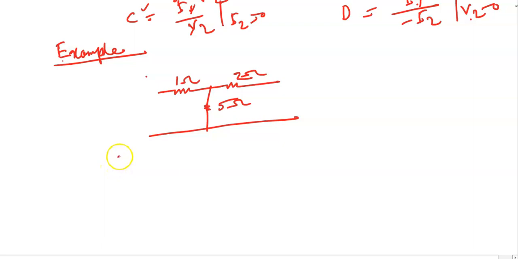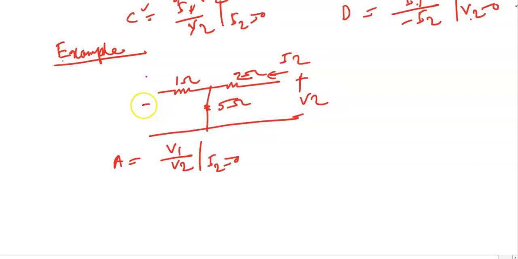So A is equal to V1 upon V2 when I2 equals 0. When I2 equals 0, you simply have a potential division here.